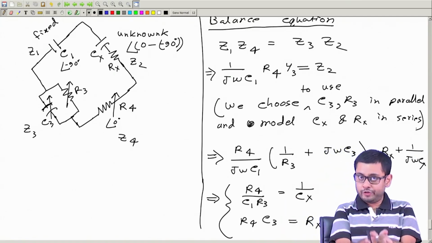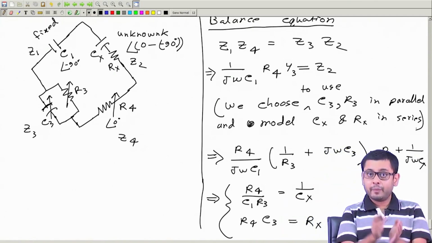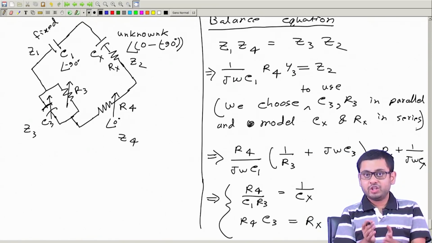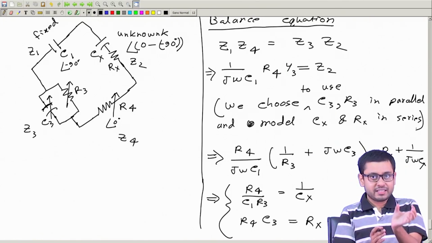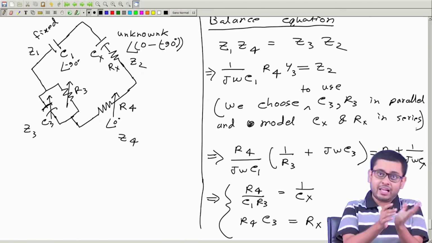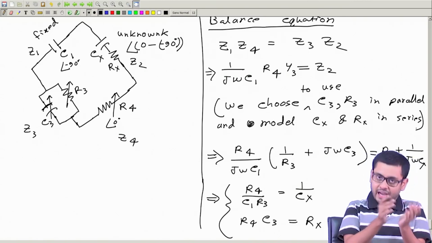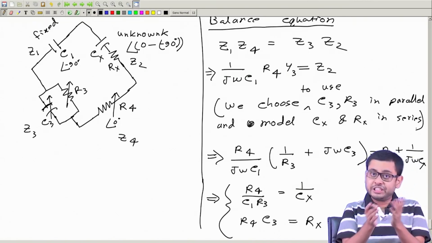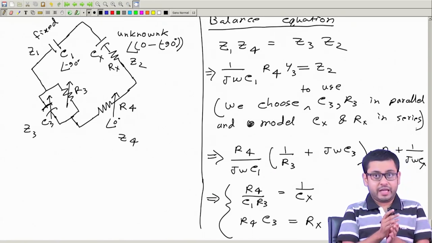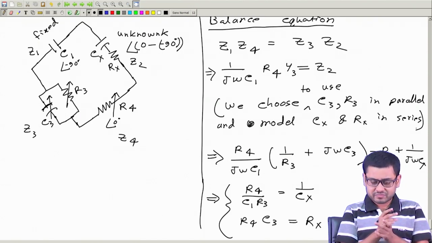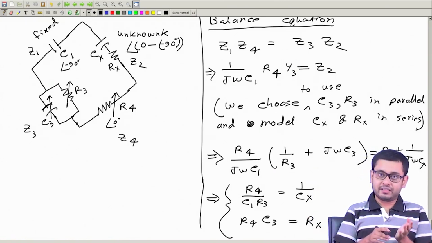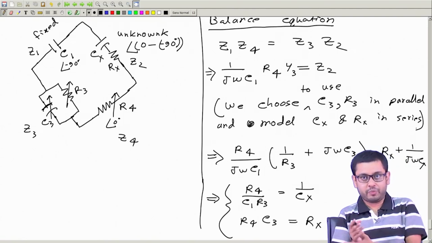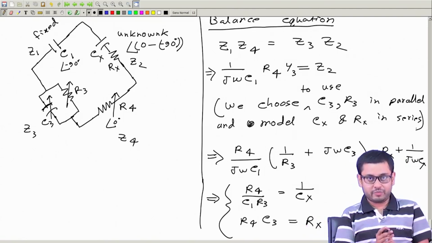Because now when we are studying AC bridges, bridges become very easy if you choose sometimes some elements, some branches, as parallel combination of C and R, or series combination of C and R. That depends on the situation, and then using what we learned previously, we can convert a parallel combination into the series combination or series combination into the parallel combination.